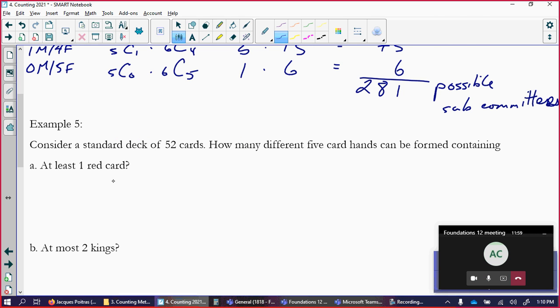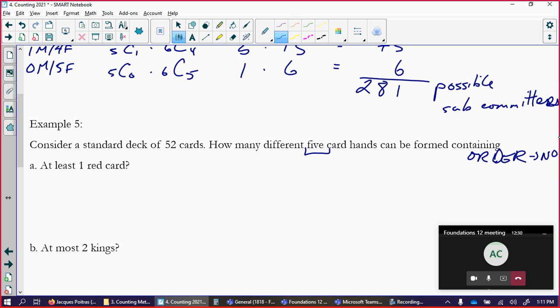At least 1 red card, if it's a 5-card hand. Well, now we have to think about a bunch of different possibilities. Order doesn't matter because it's cards.